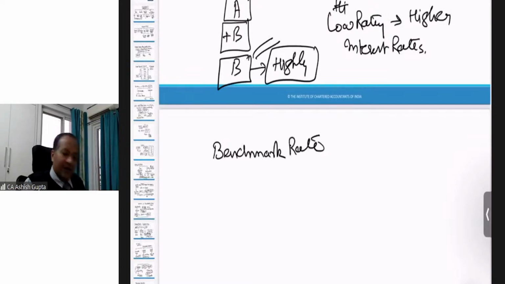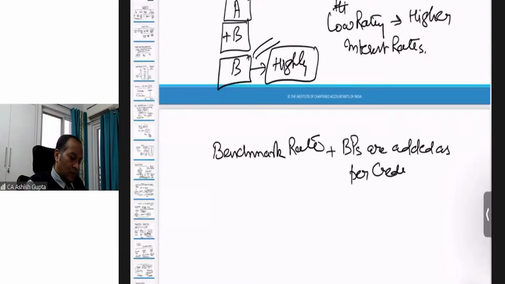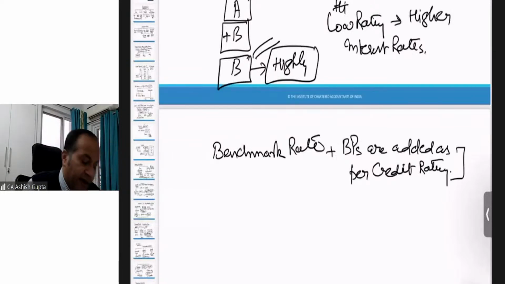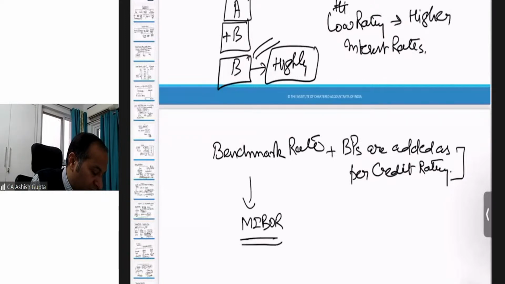Generally, some benchmark rate is used, and basis points are added as per credit rating. Say the benchmark rate is MIBOR, and MIBOR is 6%.